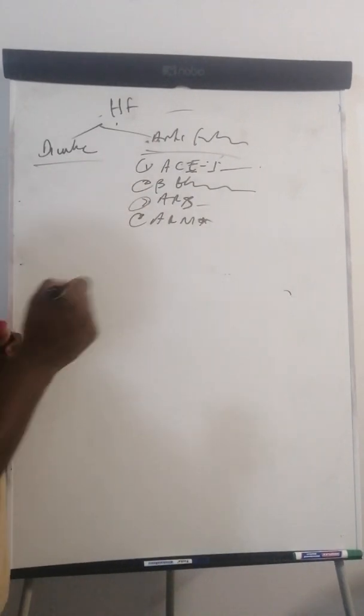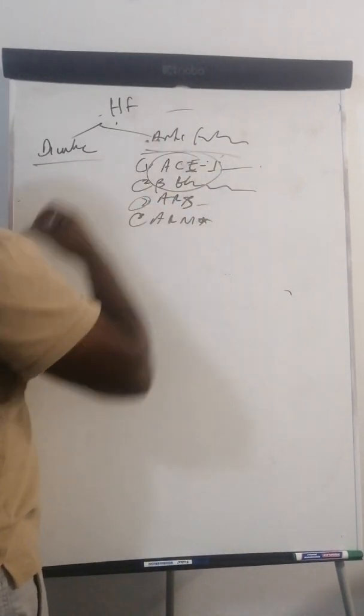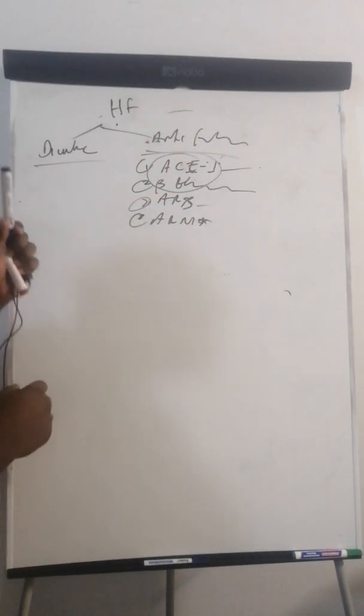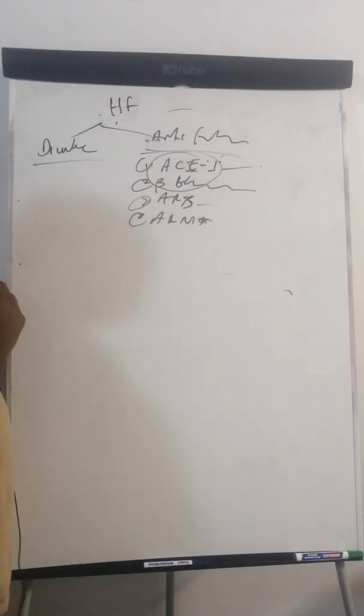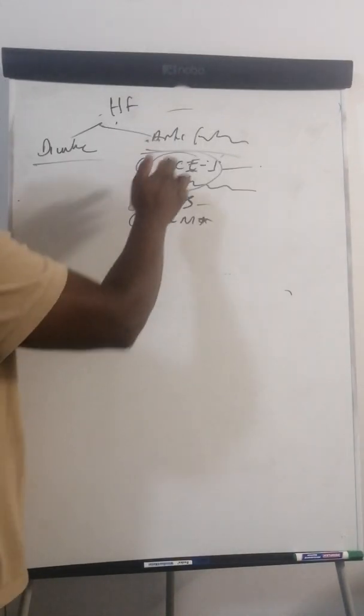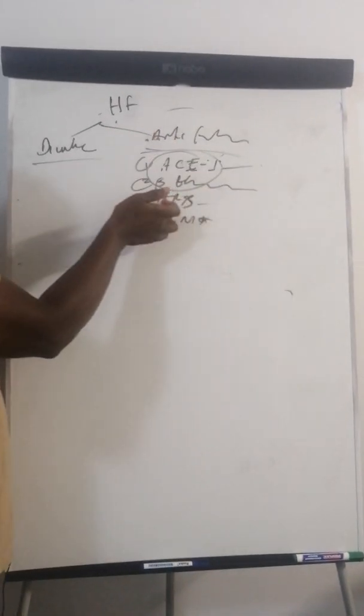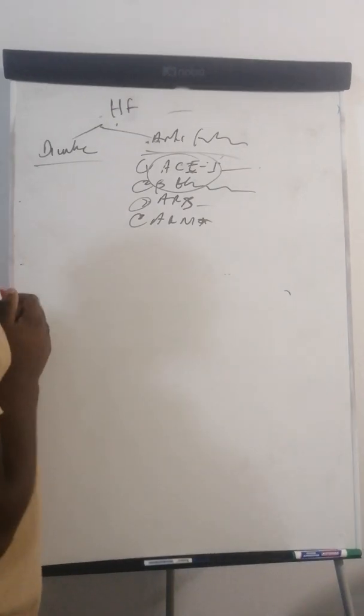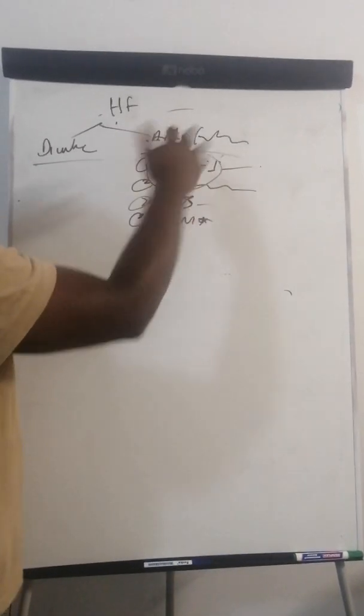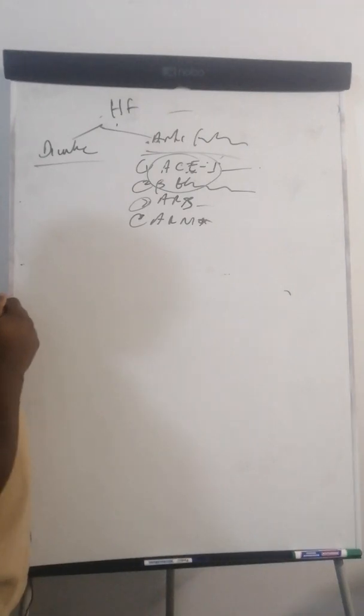So these are your antifailure drugs, and it's best that you combine 2 at a time. Personally, I would manage my patient with 2 of these. If they can't tolerate this, I put in an ARB and see how they do. So maybe they get angioedema and all that. Go to the video about antihypertensives where I speak about those drugs.